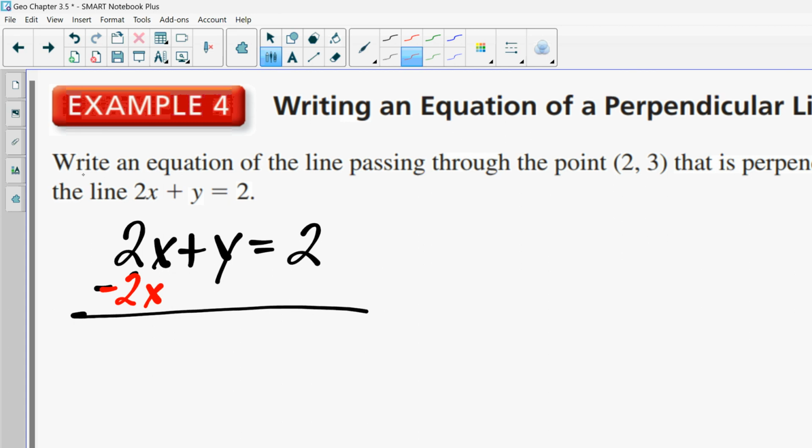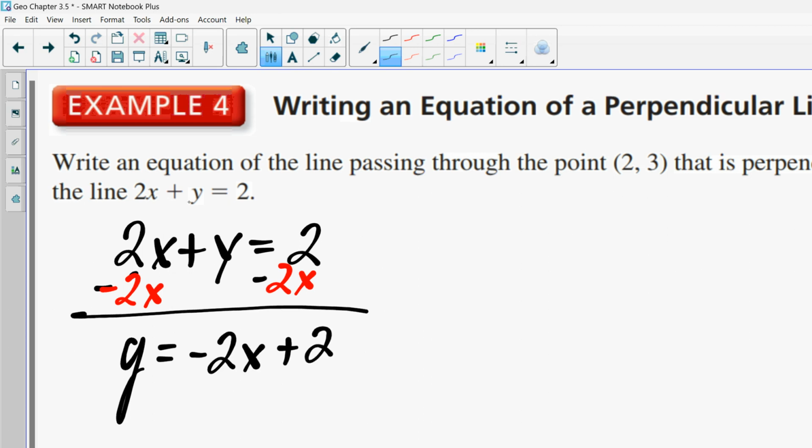We can do that by subtracting 2x from both sides. y is equal to, because 2x minus 2x is, now 2 and 2x are not like terms. So we can put it in front: -2x plus 2. Does that make sense? If you can't combine them, we just put them next to each other.